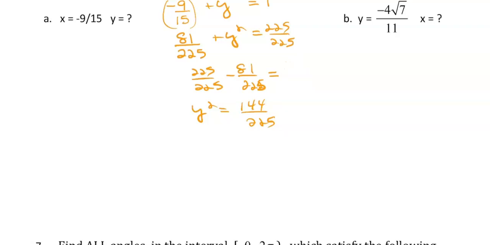So therefore, y squared equals 144 over 225, which is what I was looking for. Let me make this equal to y squared so that you see what I did. Then that means that y has to be plus and minus 12 over 15.